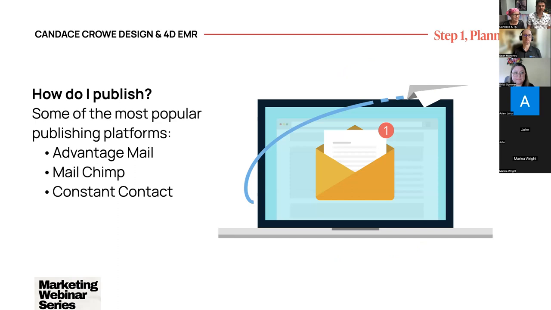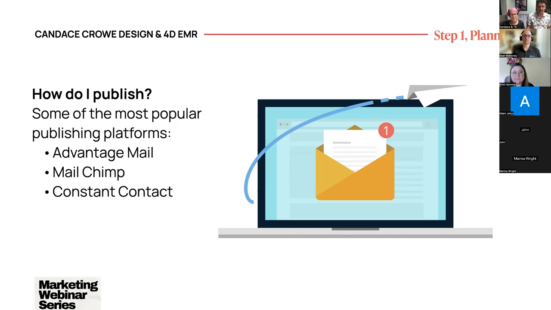Yeah. So once you have your ideas and you've come up with some content and you're ready to publish it, you want to make sure that you use an official email marketing platform. You should not be sending your emails from Outlook or from your Gmail account to your whole email list. You're going to have better results if you use a system like ours, like Advantage Mail, that is specifically designed for the aesthetic industry.